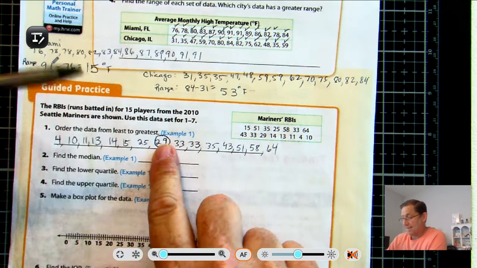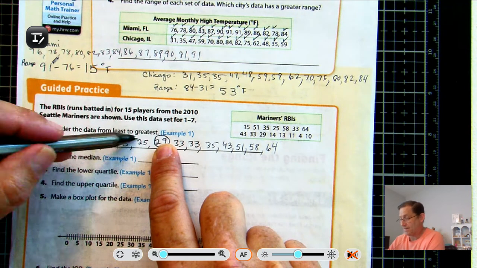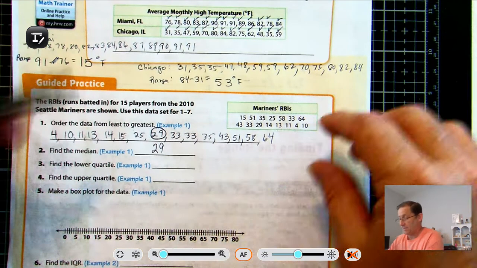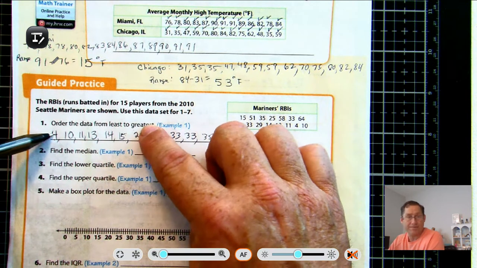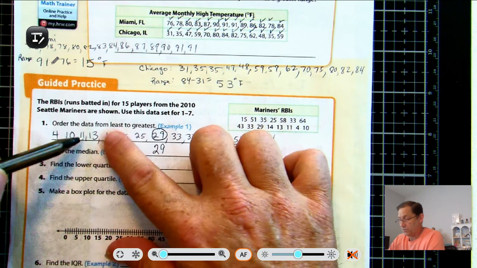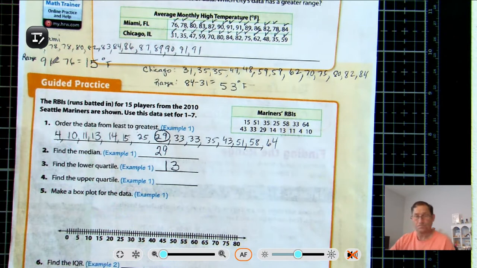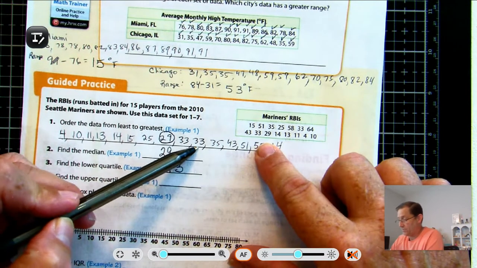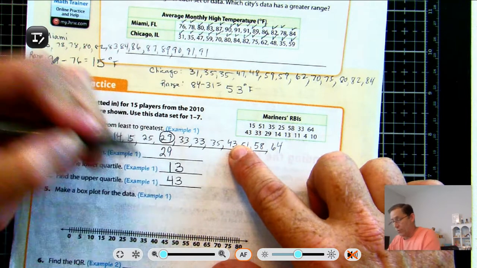If 29 is exactly in the middle, there should be 7 numbers on the lower half and 7 on the upper half. So let's find the lower quartile by finding the median of the lower half of the data. Cross those two out, those two, those two, and we're left with 13. The upper half, cross off those two, those two, and we're left with 43.